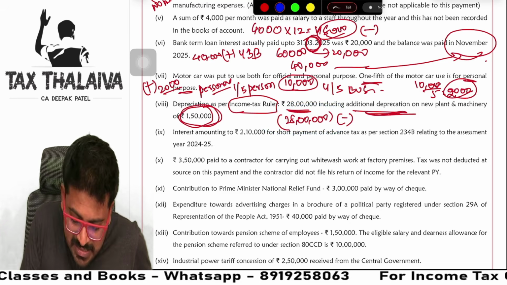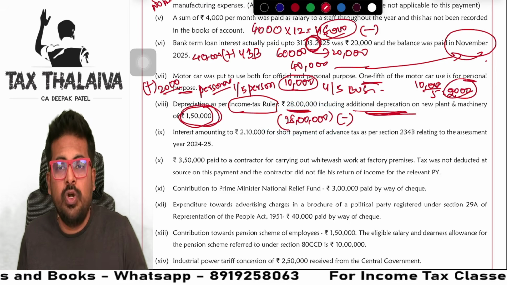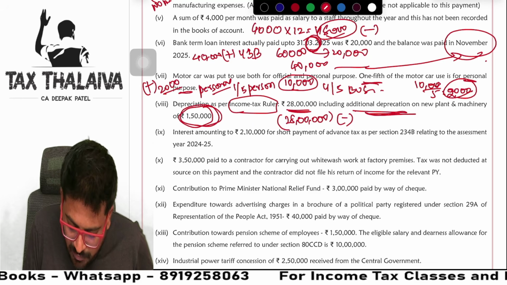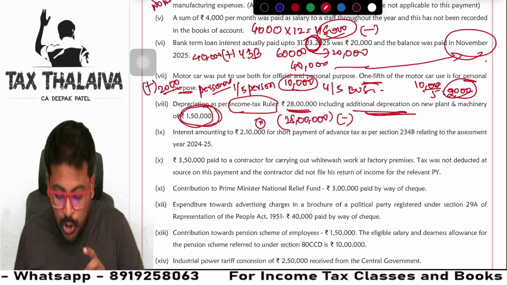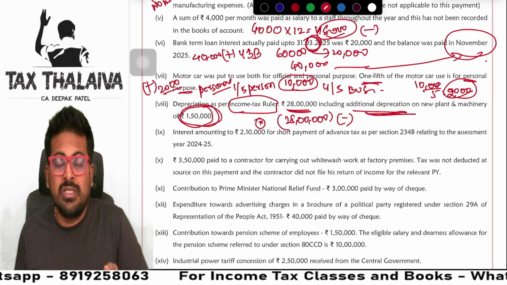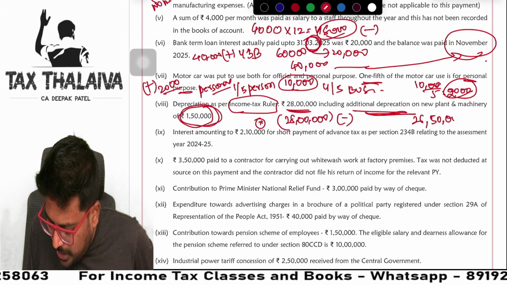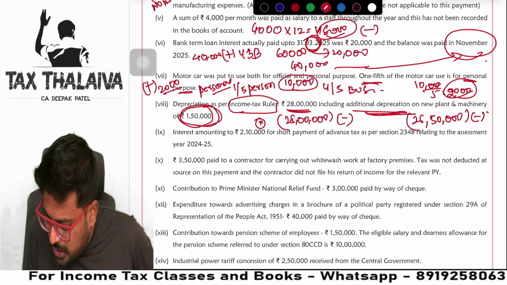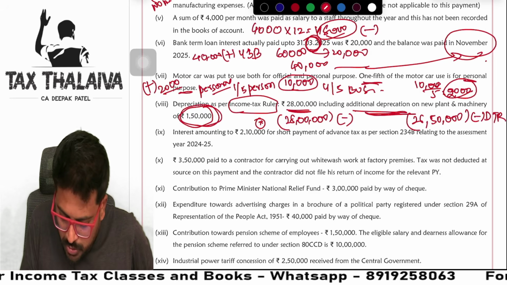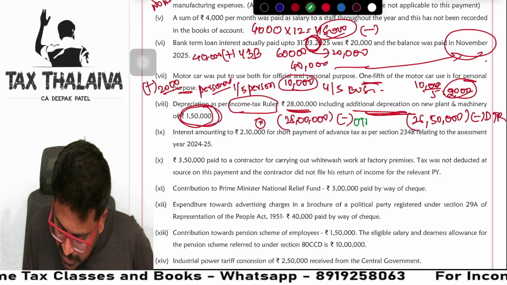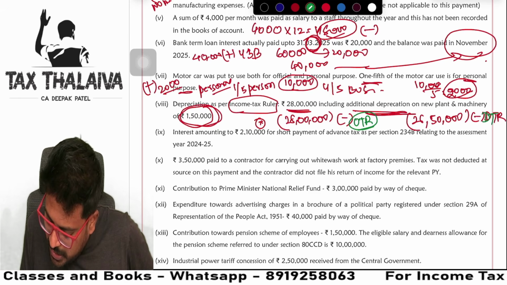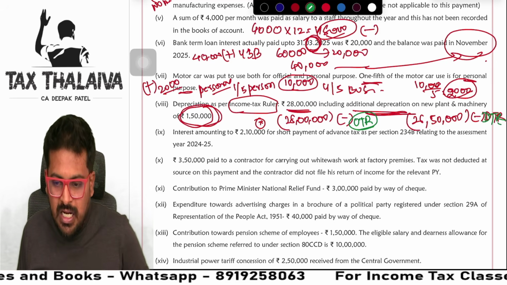If the question says the tax has to be computed as per the default tax regime, then I will not reduce 28 lakh rupees here. 28 lakh minus 1,50,000, whatever balance, 26 lakh 50,000 only I will reduce under the default tax regime. So this amount I will reduce under the optional tax regime, and this amount under the default tax regime. Hope that is clear.